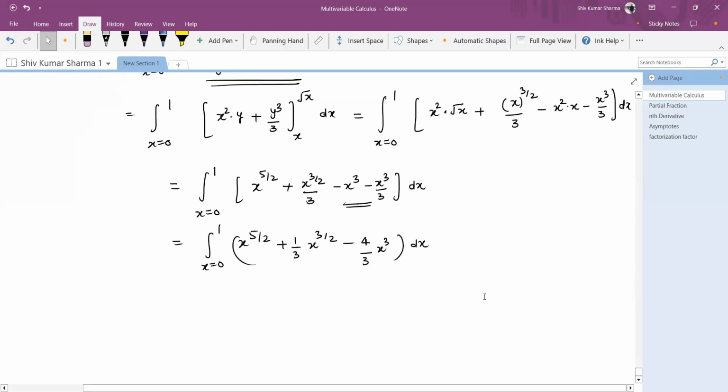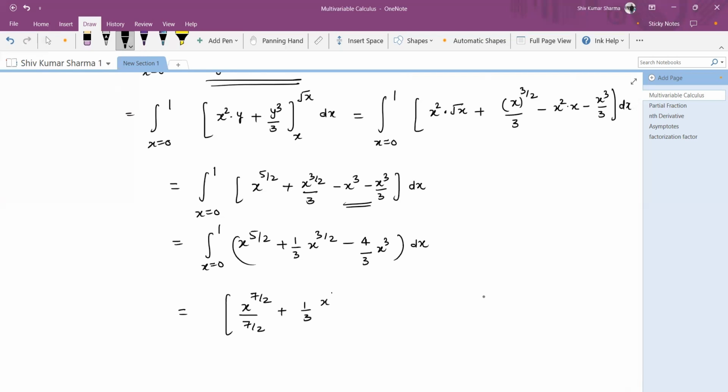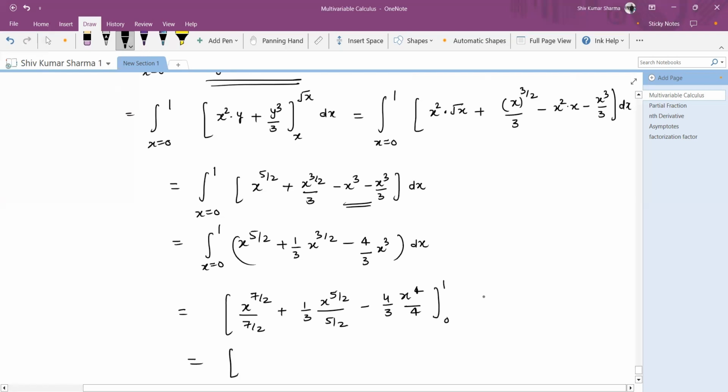So we write x raised to the power 7 by 2 upon 7 by 2, plus 1 by 3 x raised to the power 5 by 2 upon 5 by 2, minus 4 upon 3 x raised to the power 4 upon 4, taken from 0 to 1.